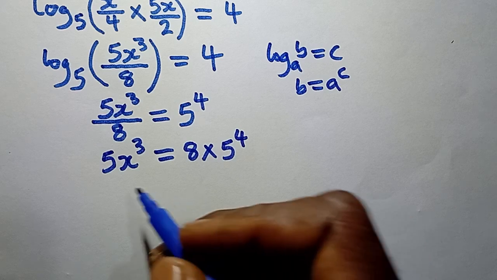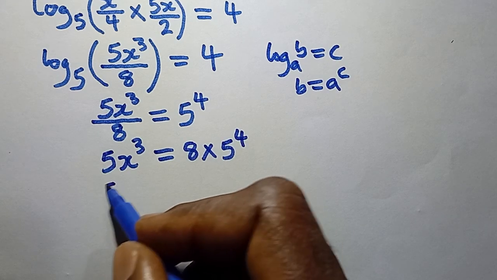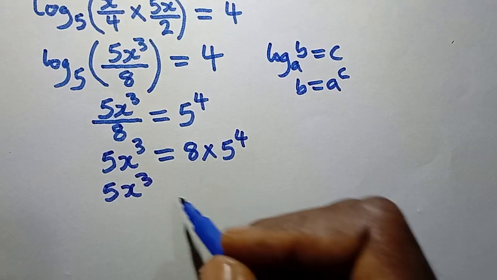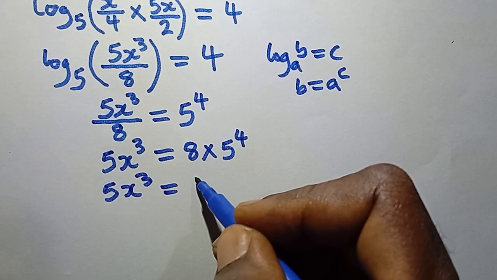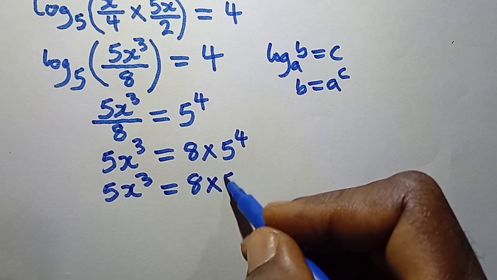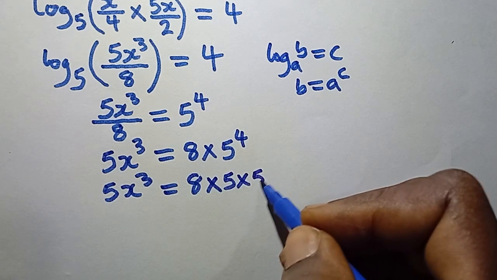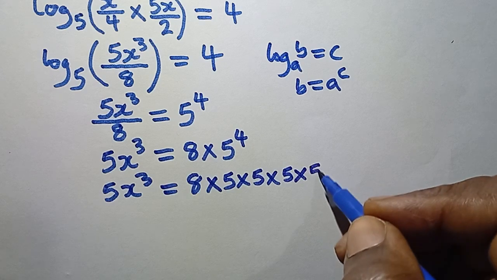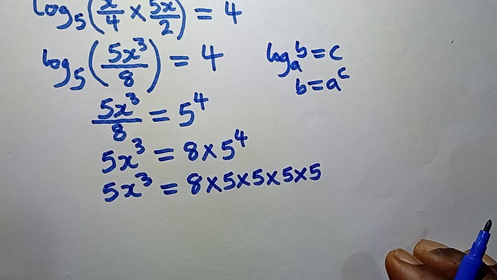Now we can express this as 5x cubed is equal to 8 times 5 raised to power 4, which can be expressed as 5 times 5 times 5 times 5, in 4 places.